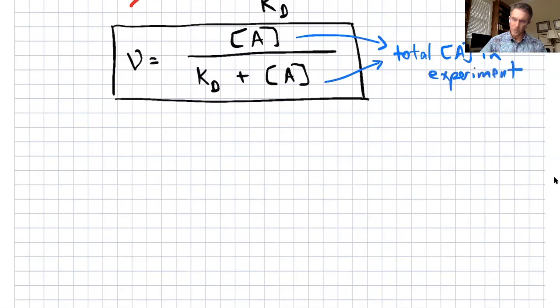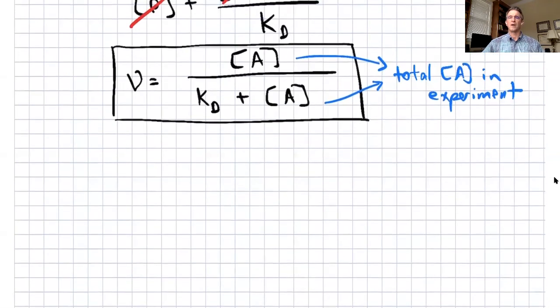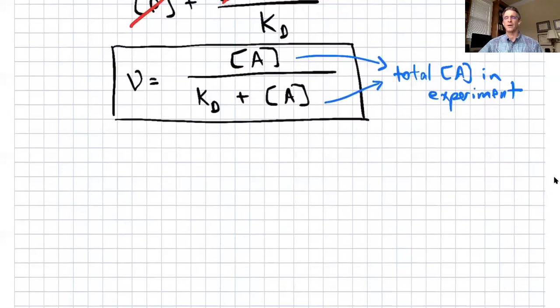Now if you do this under conditions where the amount of bound ligand is a large fraction of the total, this relationship is going to break down and you've got to modify it. But when that's not true, it's a pretty good approximation to simply use the total amount of A present, if it's a relatively small fraction of the total that gets bound. That's usually how you do experiments like this, but it's just something to be aware of.